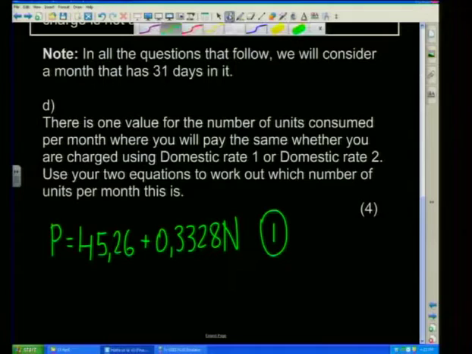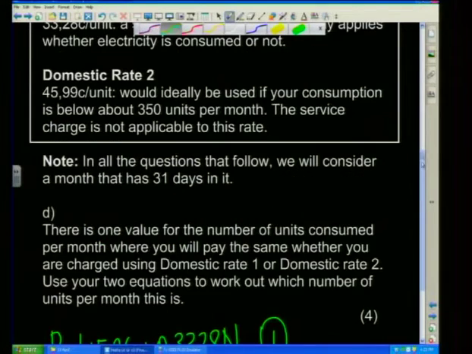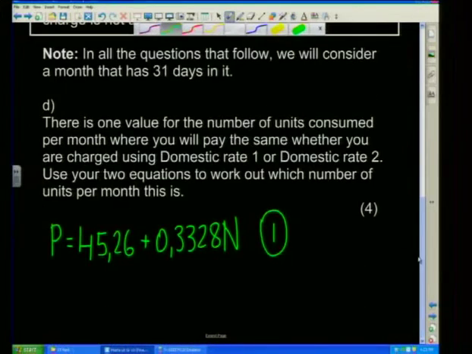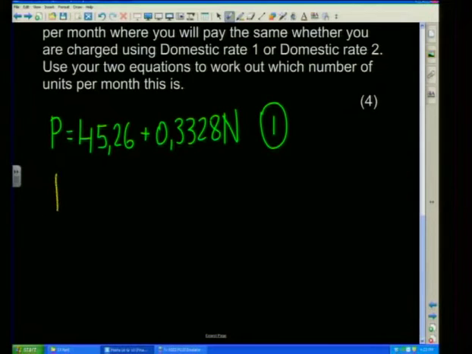And let's write in the numbers for domestic rate 2. We had no fixed cost, so it was just 0.4599 times N. And that was 2.